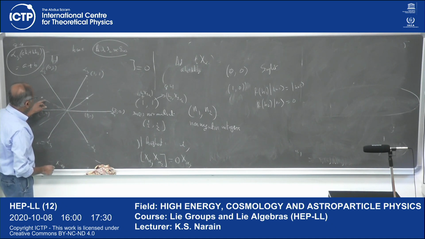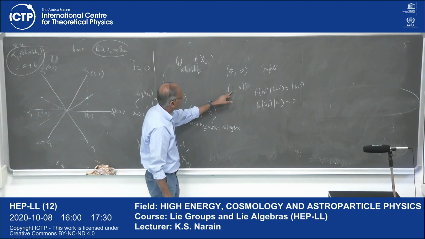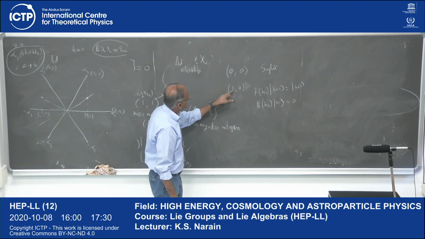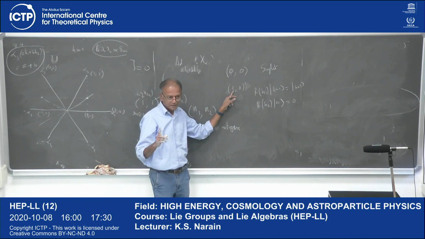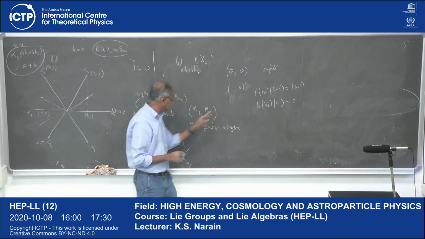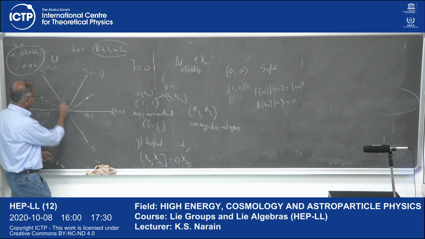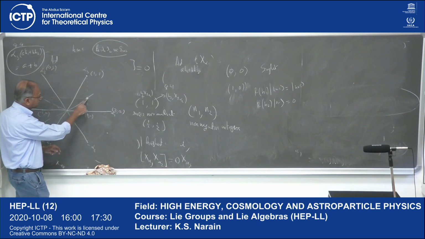And then, that's it. Because you see, this 1 means what? It is a doublet with respect to the first SU2, and a singlet with respect to the second SU2, first and second being this SU2 and that SU2. So this is a doublet with respect to the first SU2.